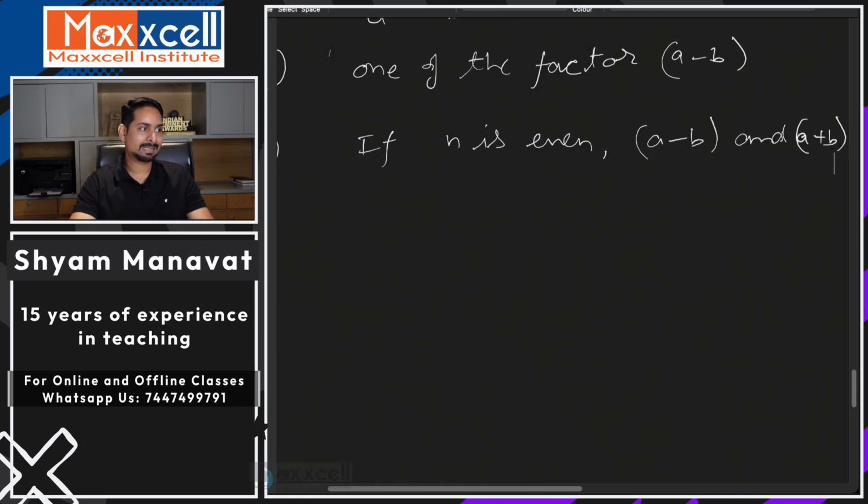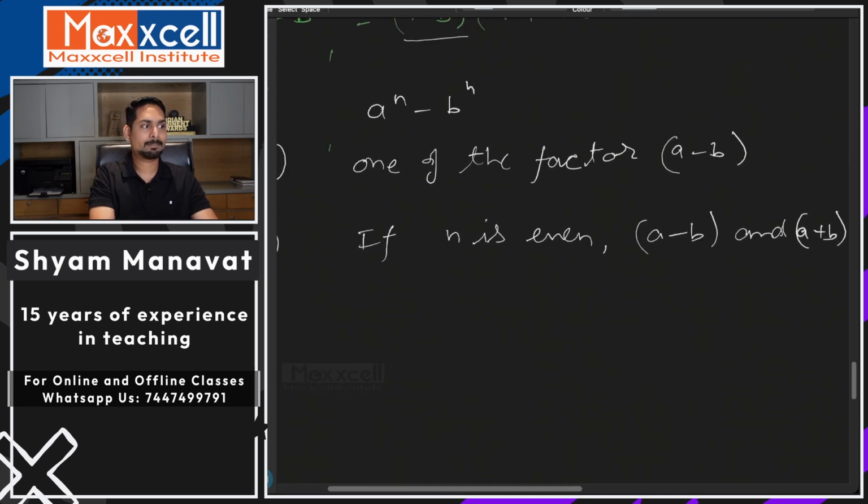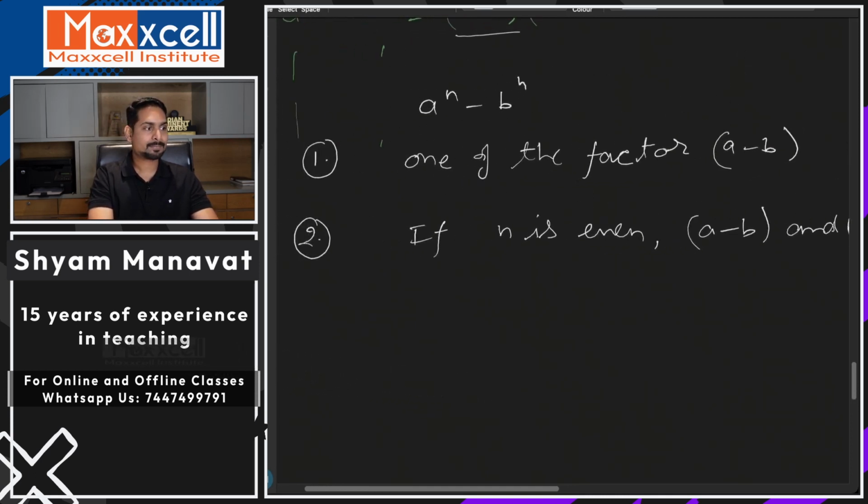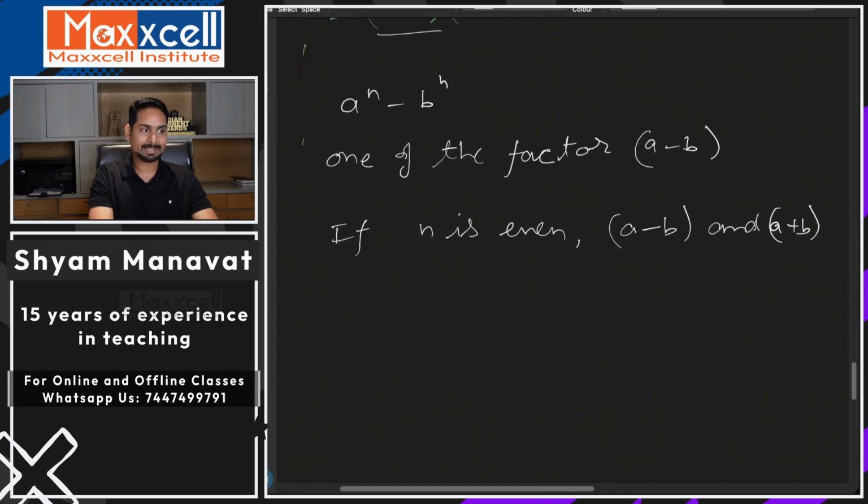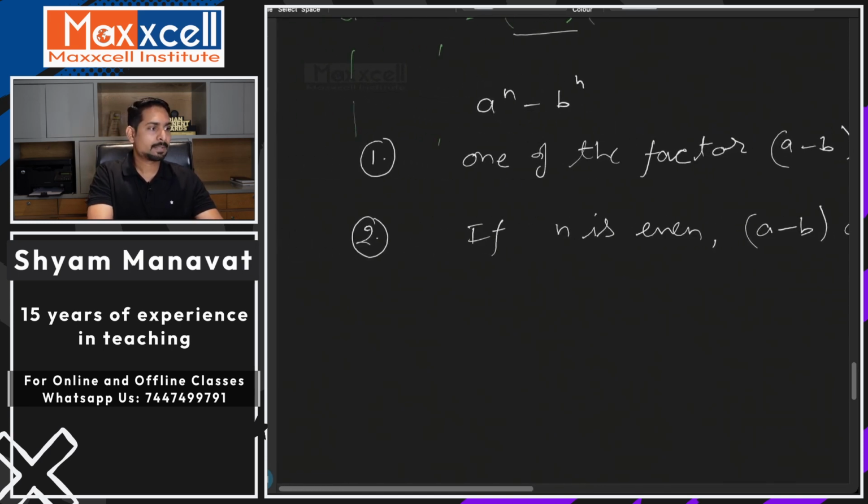If n is even, then you will get a minus b and a plus b as factors of a to the power n minus b to the power n. What the remaining bracket is, you don't need to worry, but these two factors you will definitely get. So these two properties are important.